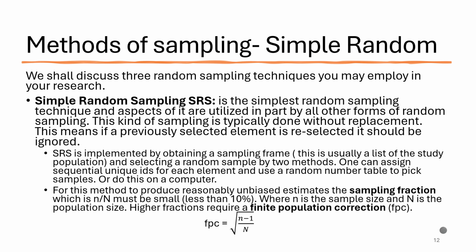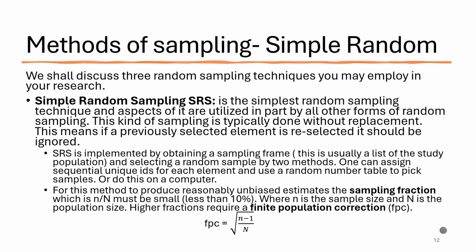So simple random sampling is the simplest random sampling technique, and aspects of it are utilized in part by all other forms of random sampling. This kind of sampling is typically done without replacement. So that means that once you've sampled a person from a population or an element from a population, that's it. You can't reuse that element again.